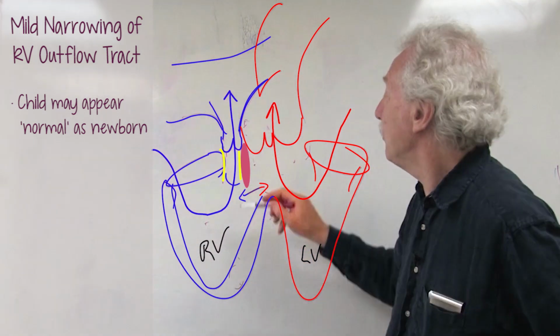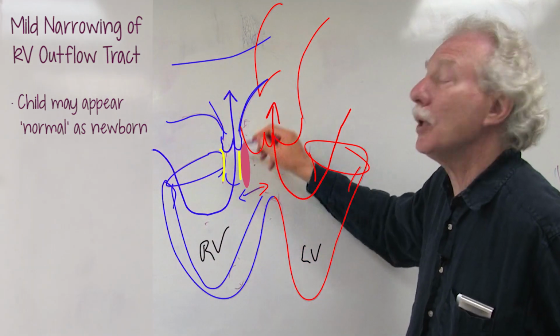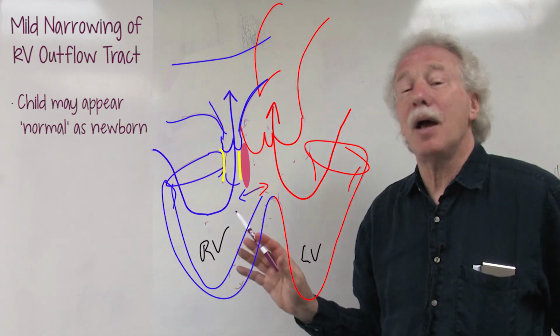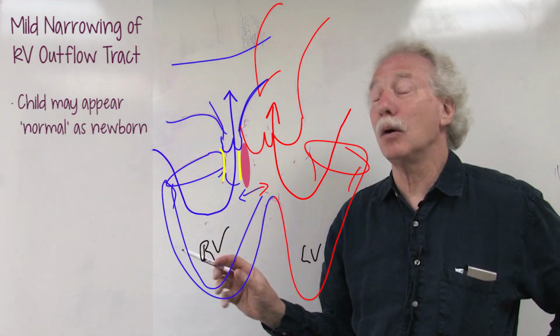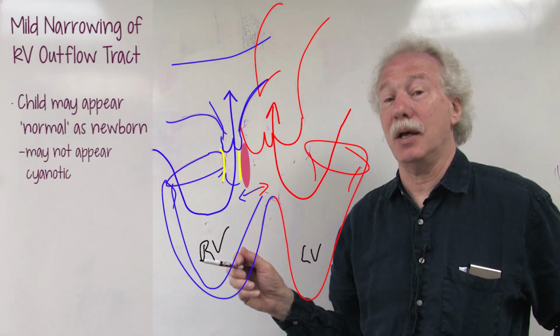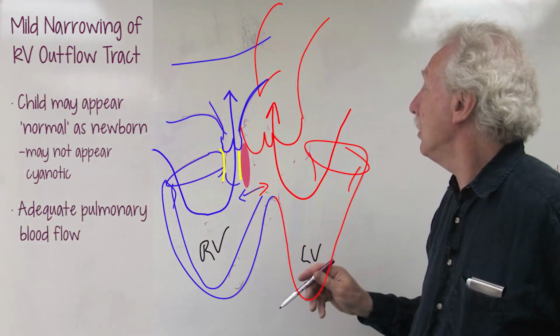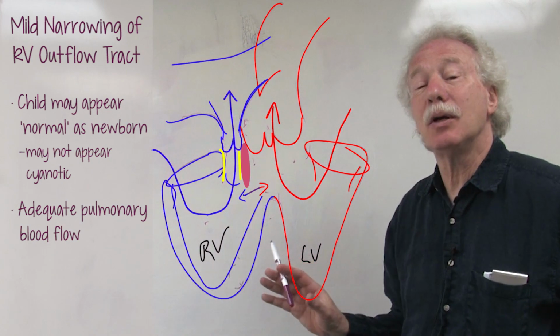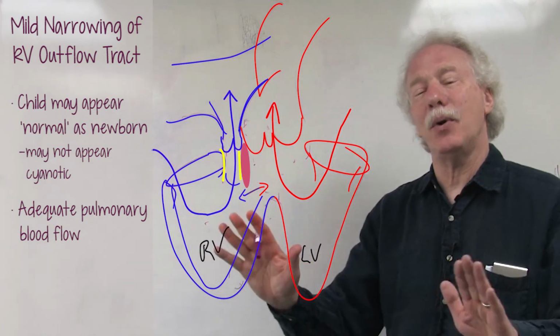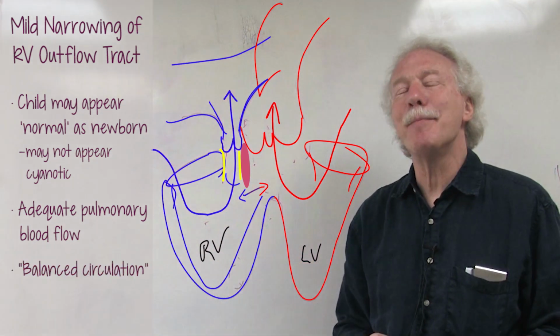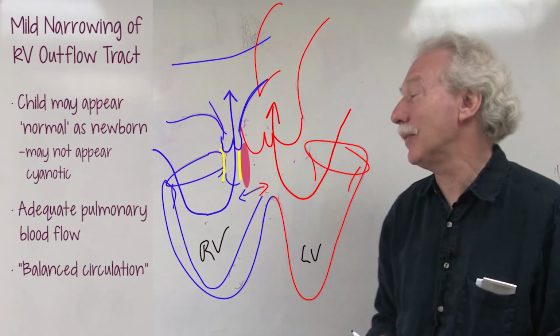Kid may have a little bit of murmur because there's turbulence here, but this would be a kid with Tetralogy of Fallot who is not necessarily cyanotic, has enough pulmonary blood flow, and things are pretty good. And this would be a kid who has sort of a balanced circulation, one of the things that we'd say.